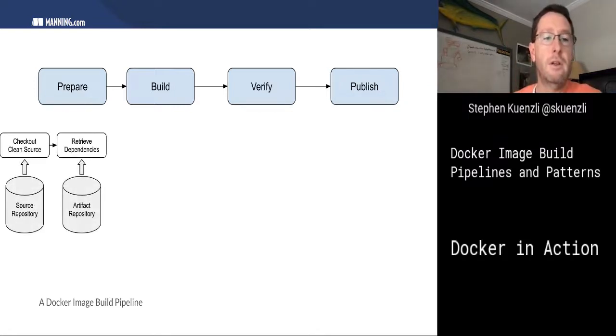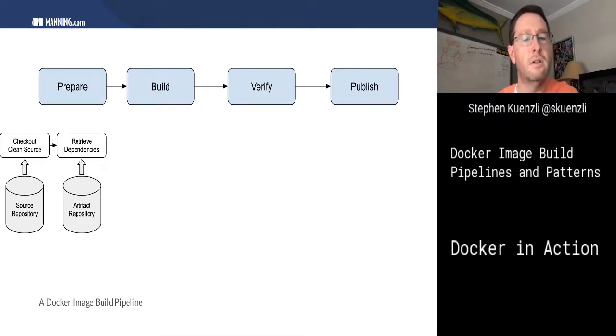What we're going to do is prepare to build the image by checking out the clean source code and either creating that application right there or retrieving dependencies. And I recommend you put your Dockerfile, the code that defines the image's build process, right in the application source.